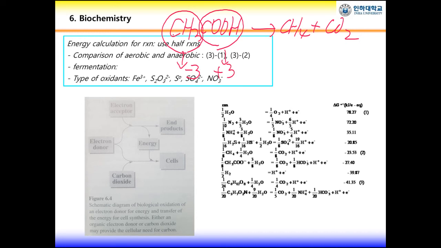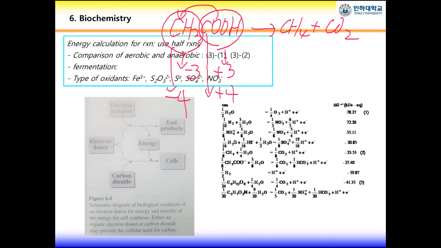Without giving electron to the outside, if this carbon transfers one electron to this carbon, then this one is going to be +4 oxidation state, and this one would be -4.